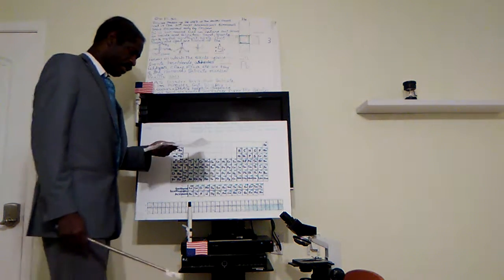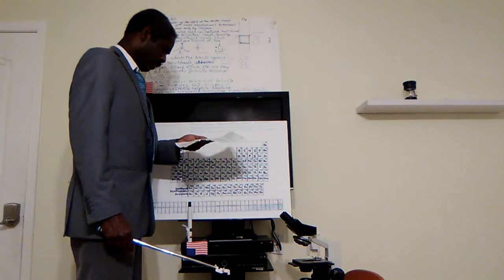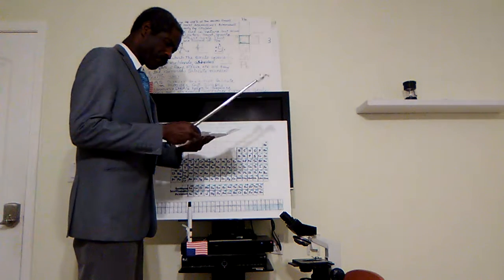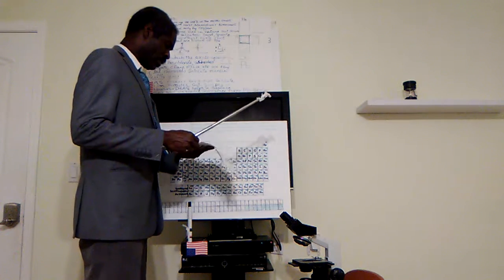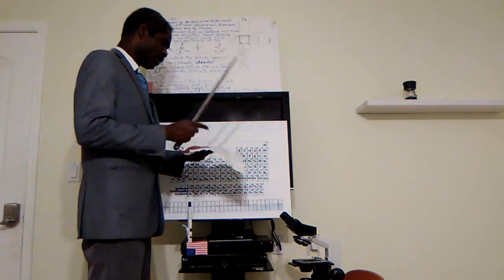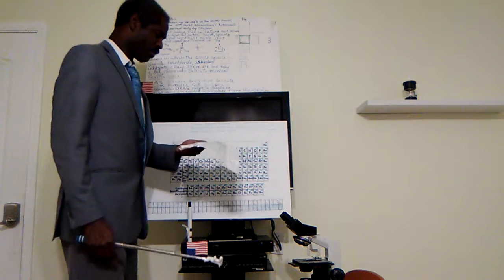Also, this nano wiring, which is the SiNW. NW can stand for nano wiring, as well as nitride and tungsten.